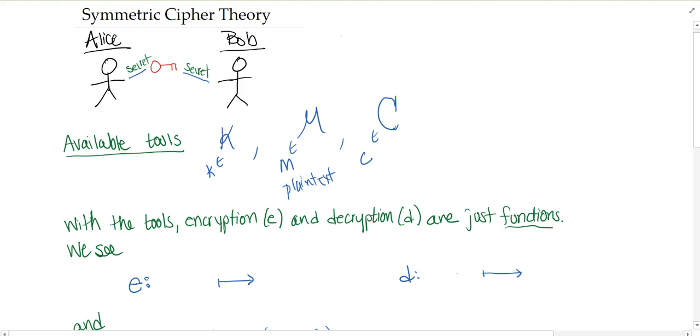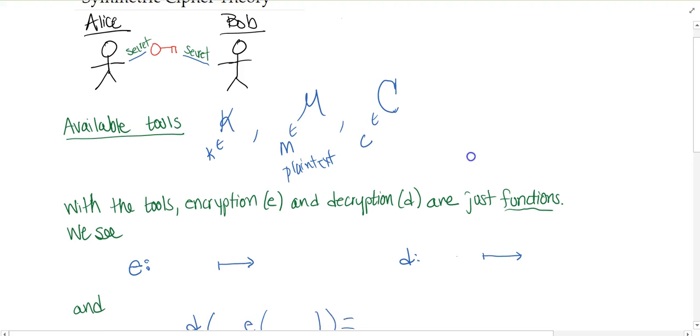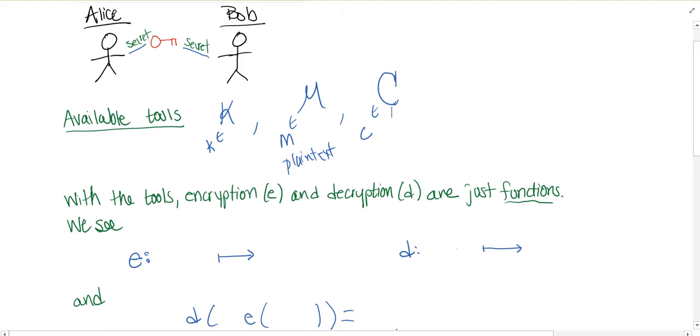Next, once they have these, they have to establish encryption and decryption methods, and these really are just functions. So we think of encryption as a function that takes the message and the key.